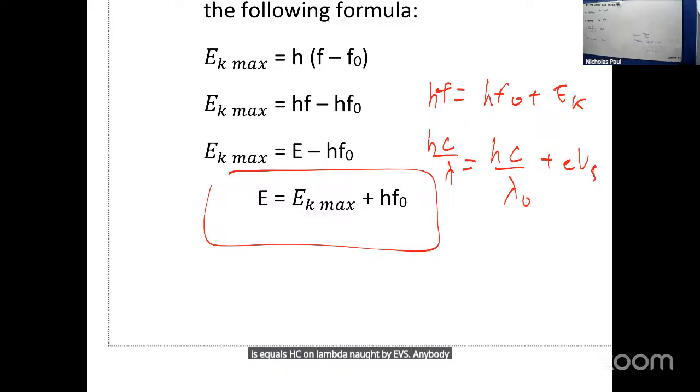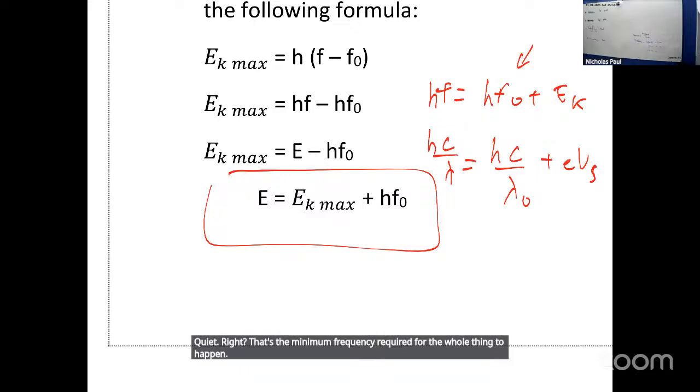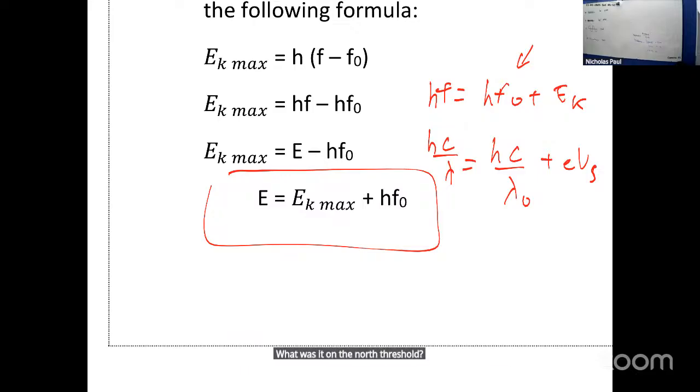Anybody remember what f naught is? f naught is your threshold frequency, the minimum frequency required for the whole thing to happen. What was lambda naught? Threshold wavelength, which is the maximum wavelength at which it will happen.